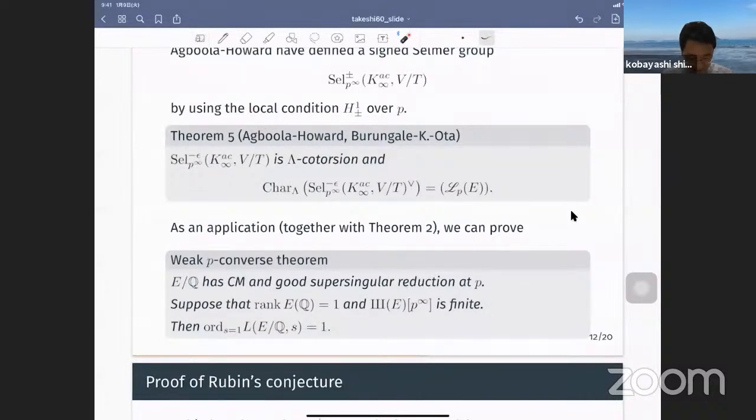And so it's a converse of the Gross-Zagier-Kolyvagin-type theorem. We first assume the rank is 1 and the Tate-Shafarevich group is finite. Then the analytic rank of the L-function is 1. So this is Gross-Zagier-Kobayashi. So it is a converse of the Gross-Zagier formula.